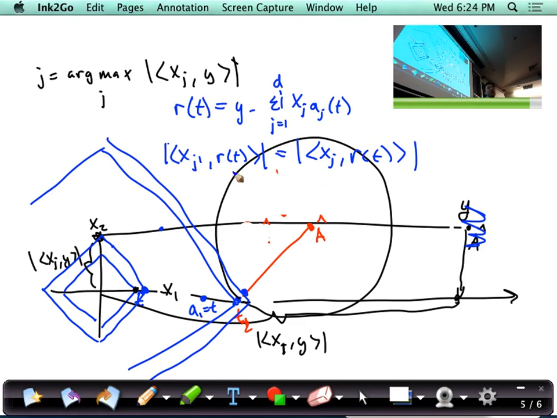And at some point, as I'm increasing this value, as I'm decreasing this residual, these are going to be equal. And when these are equal is exactly this location where you start using the second coordinate as well. But this is still going to be a linear equation even if I have more than one coordinate that's active. So I can keep increasing this t, and I can keep solving for when these critical points happen.